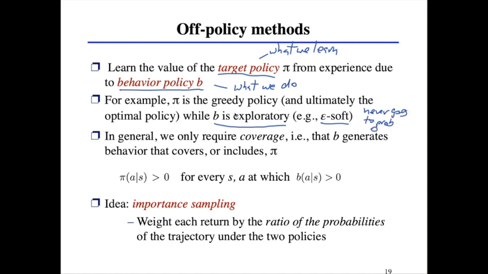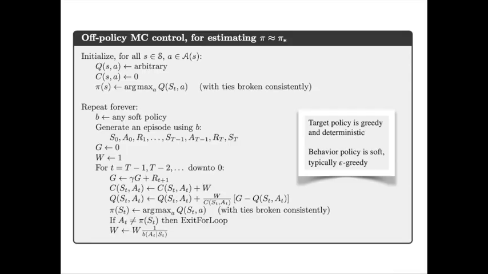Then the policy you're using for updating your value function could be the purely greedy one, because you really want to learn the best policy, but when you get to the real world, you'll always have a chance of doing something suboptimal because you need to keep exploring just in case you miss something. That's the idea. But this means you're off policy, because you've got two different policies: one you're using for learning, and one for acting.